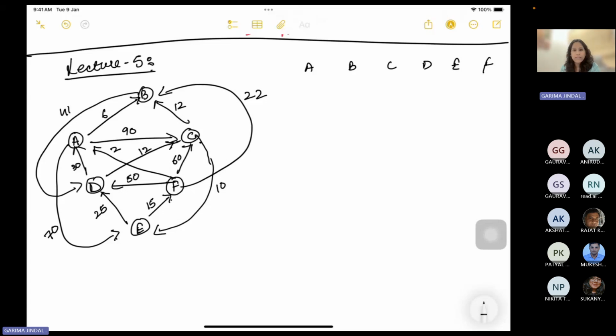Okay, so let us take A as the source node. Since A is the source node, it will be initialized with 0, as I explained in the initialization, and the rest of the nodes will be initialized with infinity. All these nodes will be marked as non-visited.